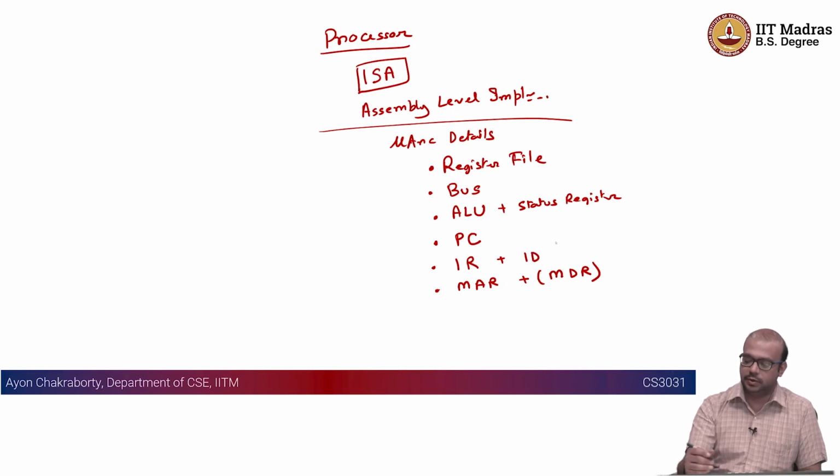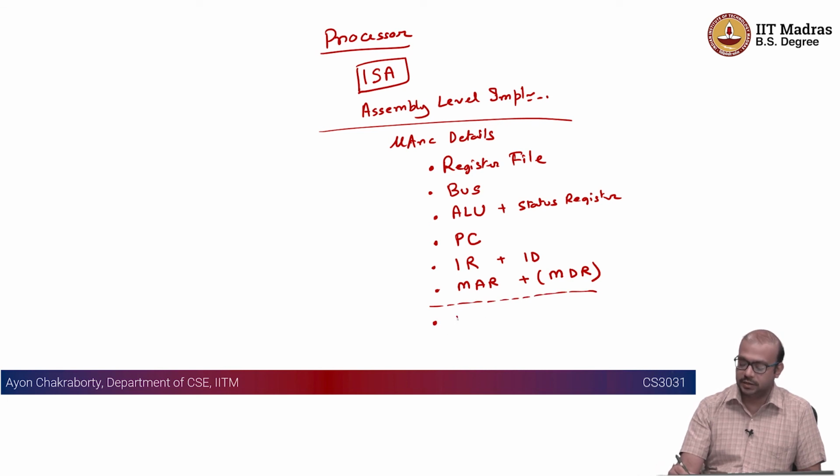So this was primarily the data involved in the data path of the processor, and then we also had a very important thing called the control logic.